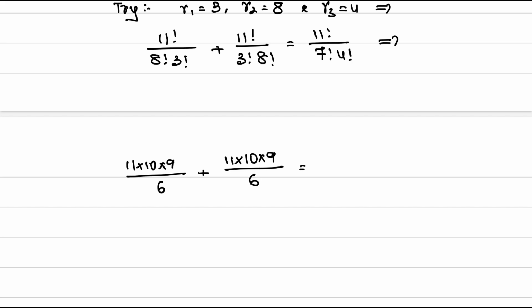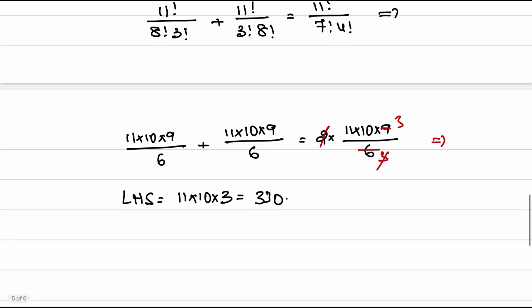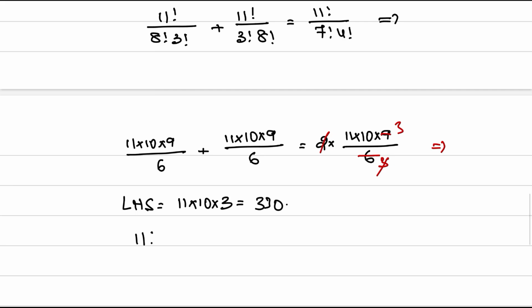That is 2 into 11 into 10 into 9 divided by 6. Then 2 3s are 6, 3 3s are 9. That means the left hand side is 11 into 10 into 3, that is 110 into 3, which is 330.